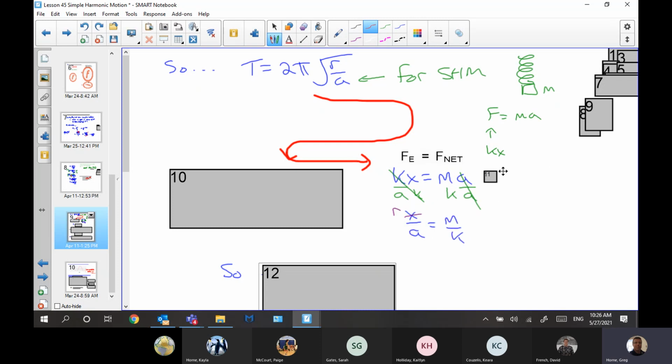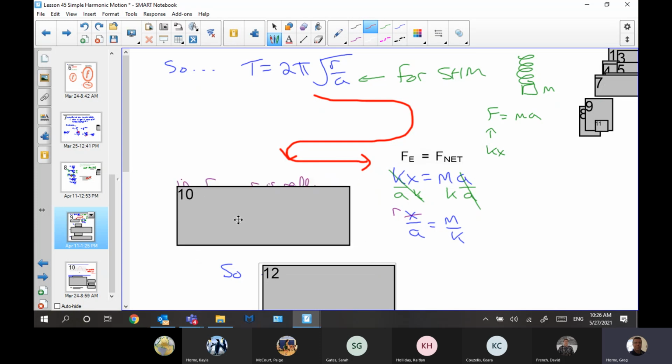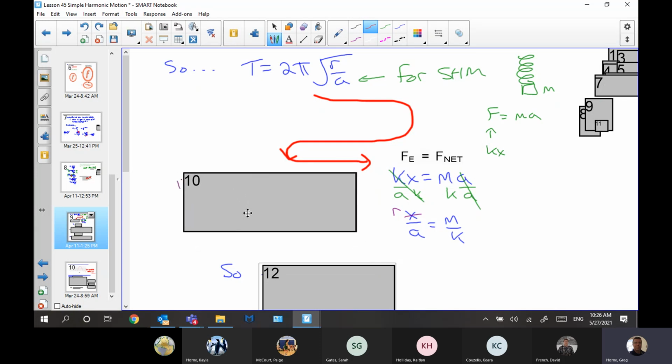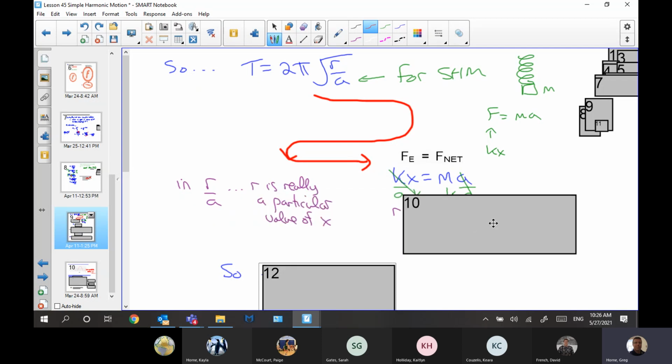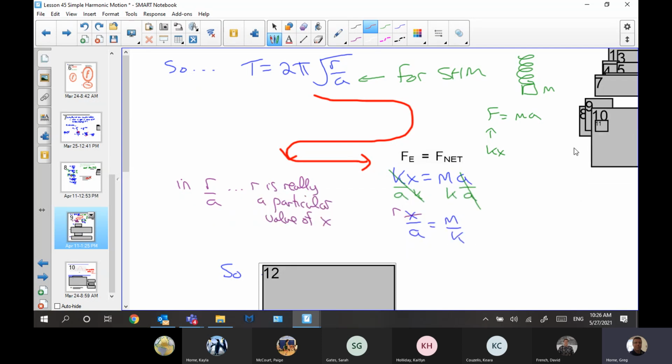Let's see how it works out in the end here. I'm just losing track of what step I was trying to solve for there. I was trying to figure out what r over a is, because I have an r over a here. And I have a note saying r is really the particular value of x. If you're looking at the r for circular motion going around and around, the r value is equivalent to the thing bouncing up and down, the x value.